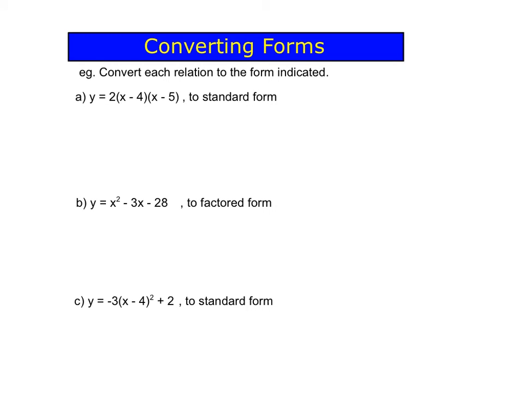And now the most important thing is being able to convert from one form to another. So to go from factored form, which we're in, to standard form, we need to expand. So this would be like FOIL. My suggestion would be leave the 2 to the end and expand the bracket first.